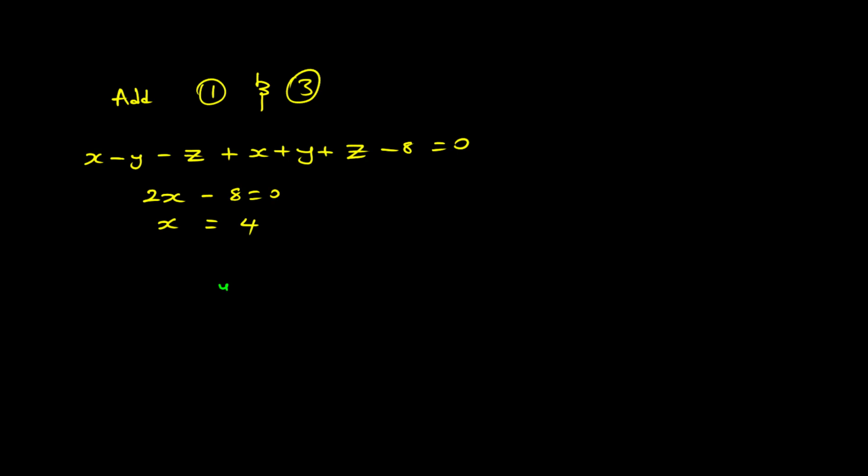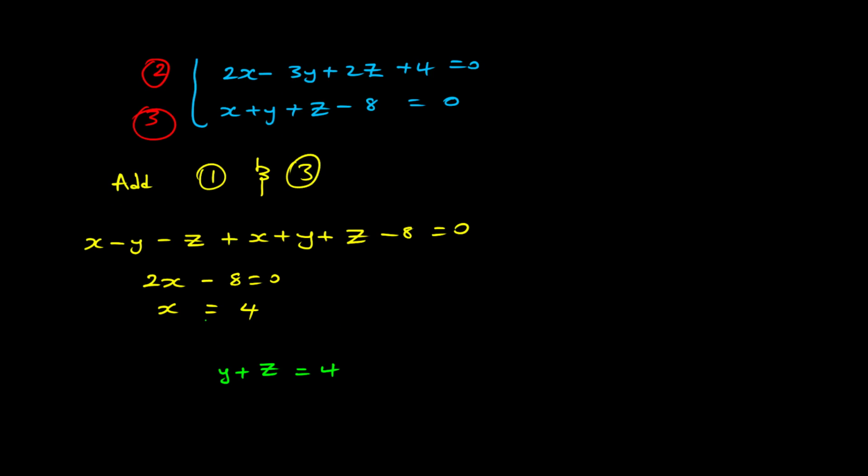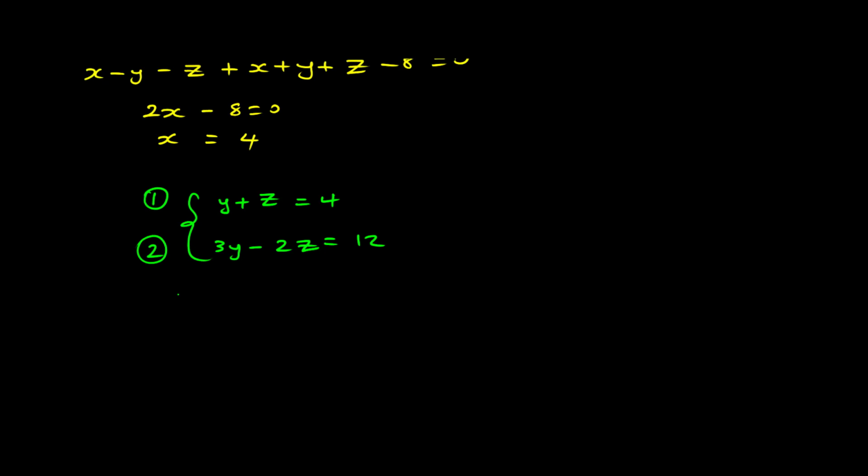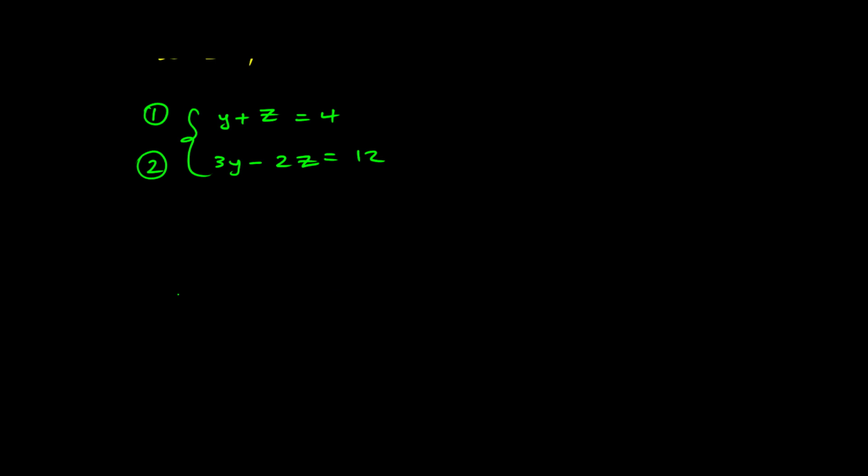We would be left with y + z = 4, by using a substitution in the first equation after we solved for x, and 3y − 2z = 12. So let's label these equations: this is now our new 1, and this is 2. So let's use the simultaneous elimination method.